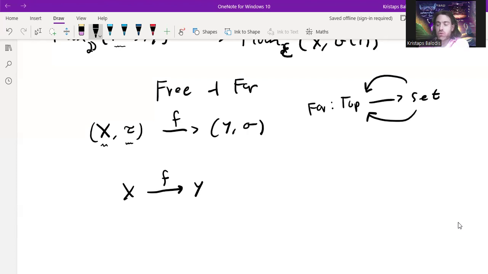Well, there's sort of two obvious stupid guesses, right? How do you put a topology on a set? So first off, given a set X, you can create the discrete topology, right? So that's the topology that just consists of X and the empty set.